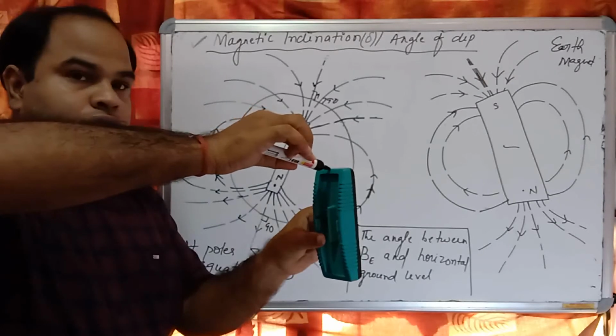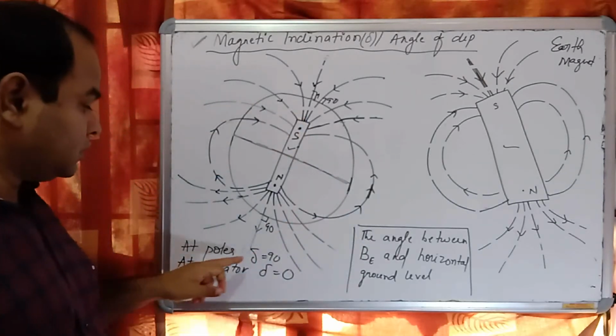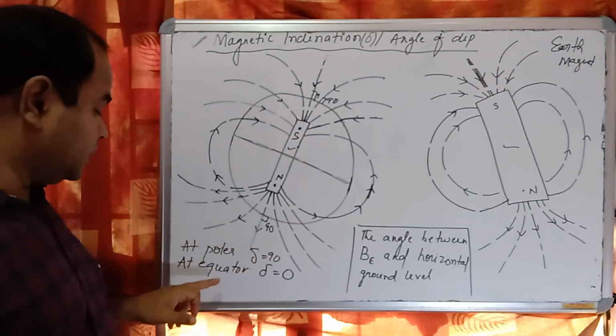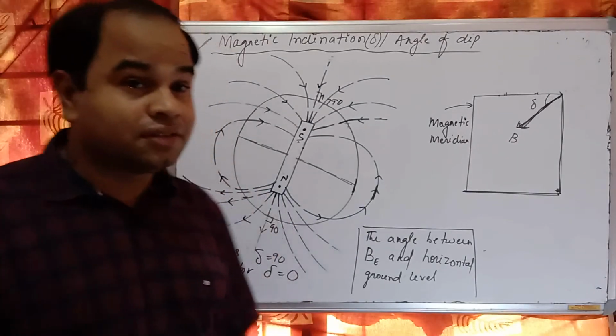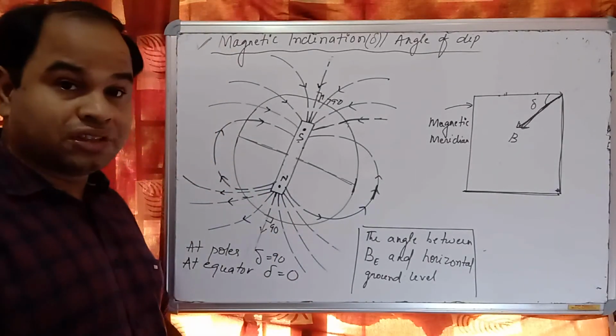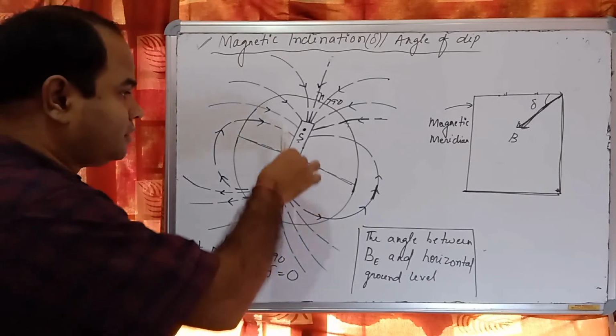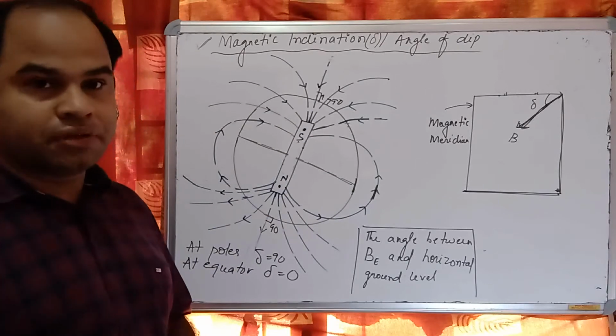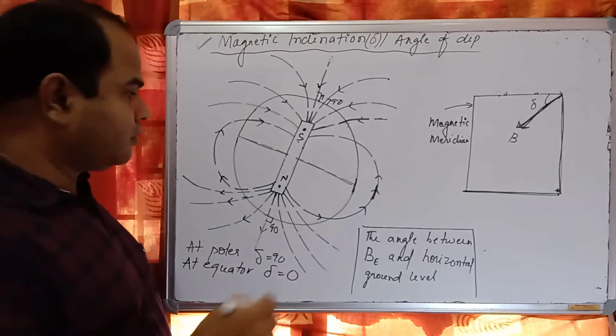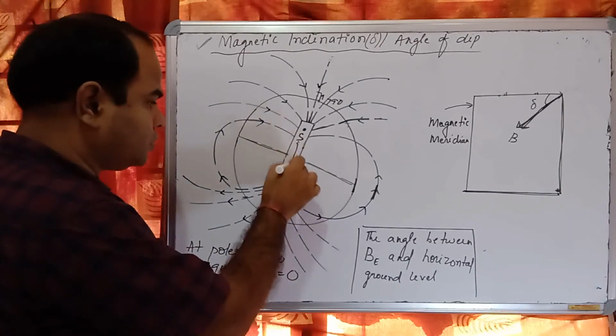So that means at the poles delta is 90 and at the equator it is 0 degree. When you consider the earth magnet, it is slightly tilted like this. And if you see the direction, the direction is from south to north.